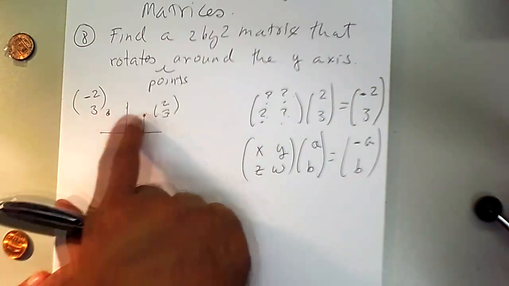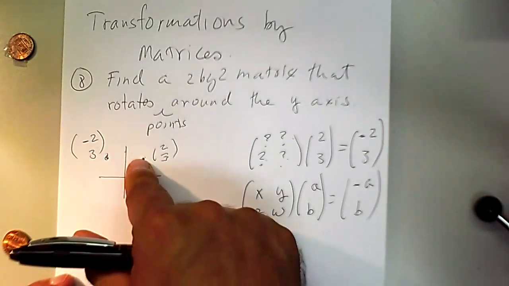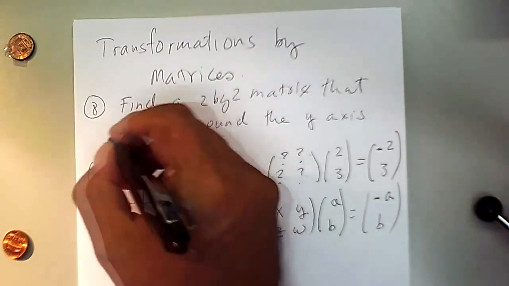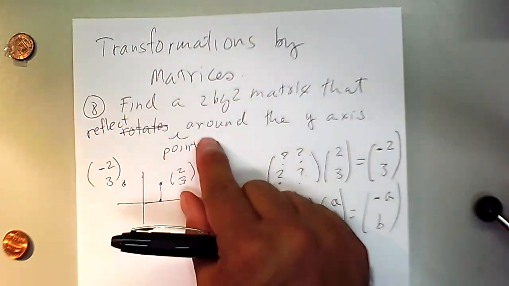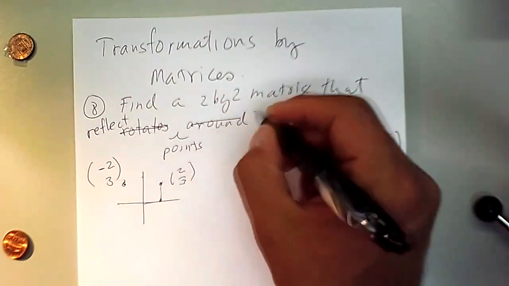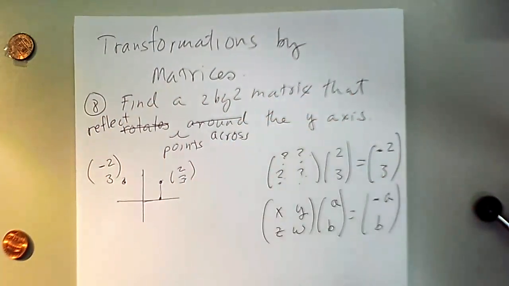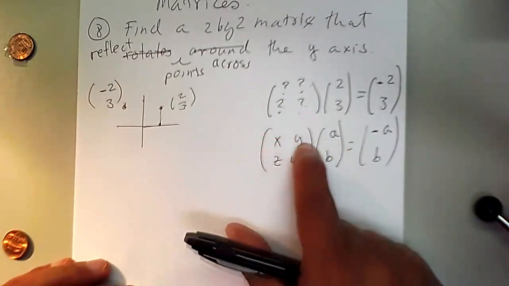So either way, we want to reflect across the y-axis. Probably that's a better word than rotates, reflect. Points across, sorry to change that, across the y-axis. All right, so we need to solve these equations.